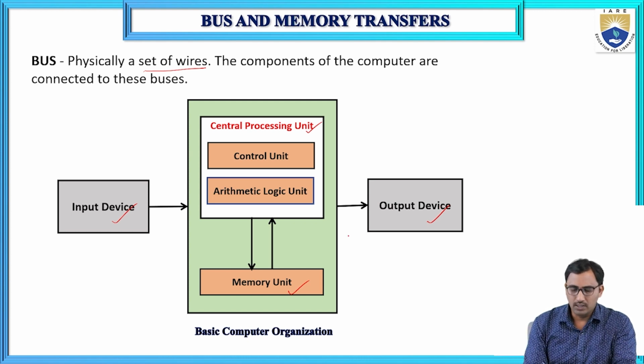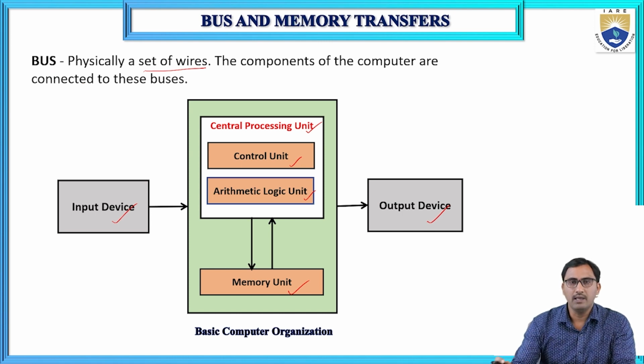In addition, the CPU has various modules: ALU, arithmetic and logic unit, control unit, and some internal registers. In order to exchange the information between them, it requires physically a set of wires, which is nothing but buses.